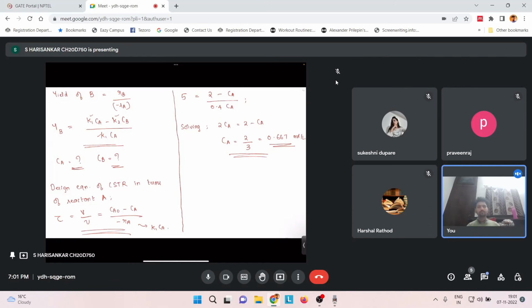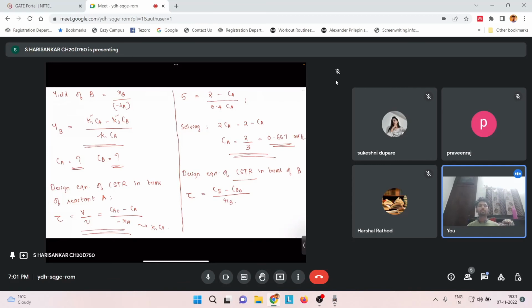Now the same thing we can do using the design equation of CSTR in terms of the product, or the intermediate product B. This one we can write as tau is equal to Cb minus Cb0 by Rb.